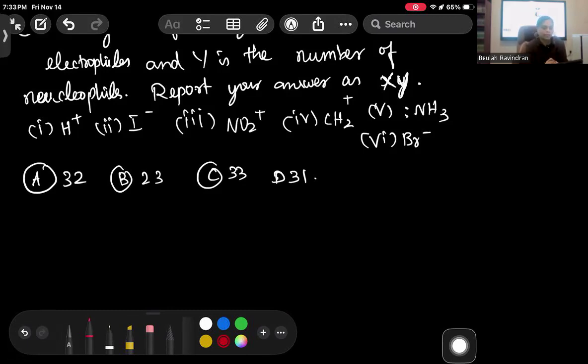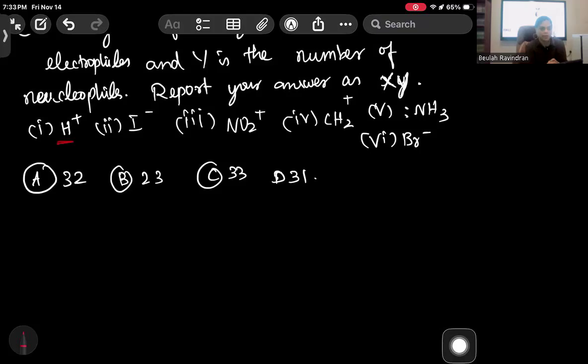What is H plus, nucleophile or electrophile? The plus sign itself shows it is an electrophile. I minus is a nucleophile. NO2 plus is an electrophile. CH2 plus is also an electrophile. NH3 is carrying a lone pair of electrons, so it belongs to the category of nucleophile.